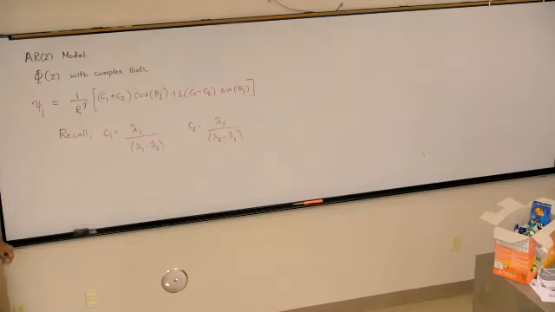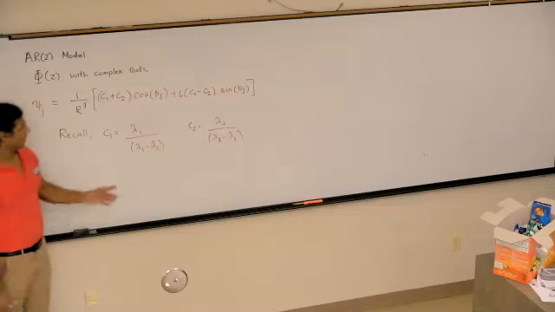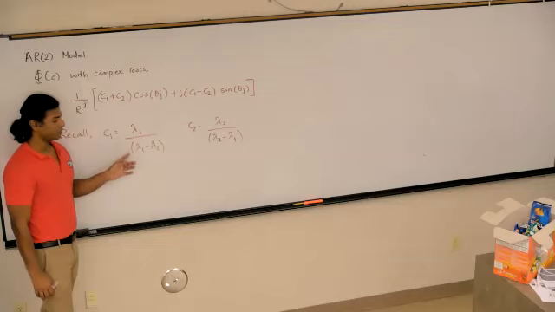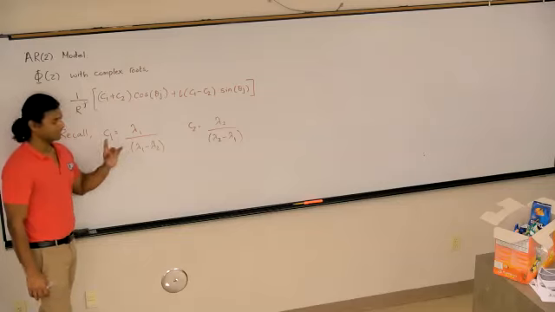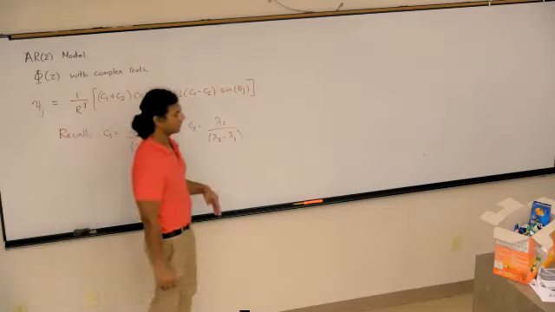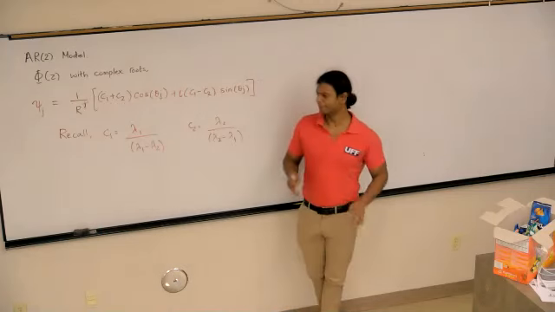Or is this not that case? No, it's not that case. C1 and C2 will still be the same: lambda 1 over lambda 1 minus lambda 2, lambda 2 over lambda 2 minus lambda 1.